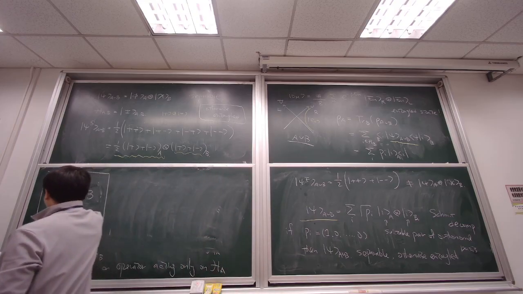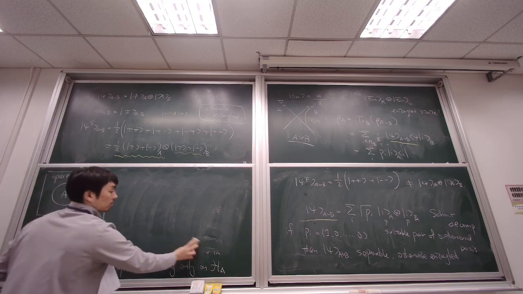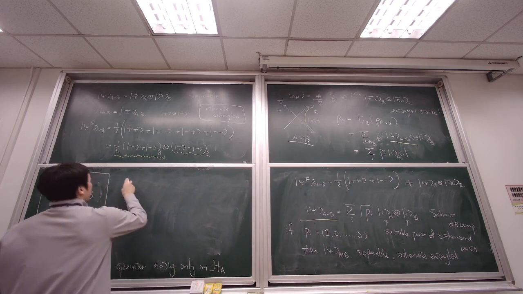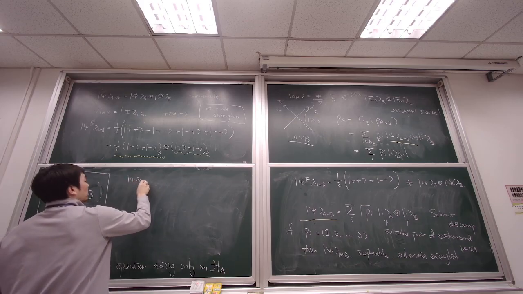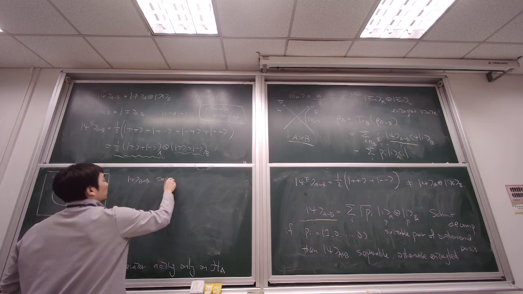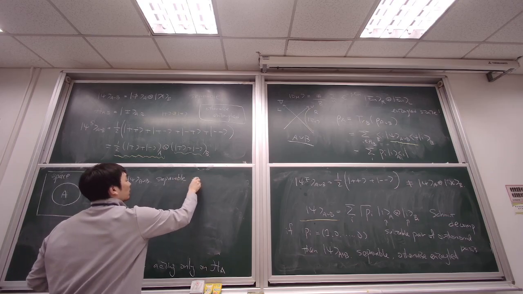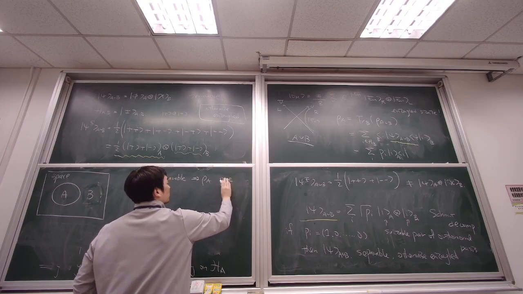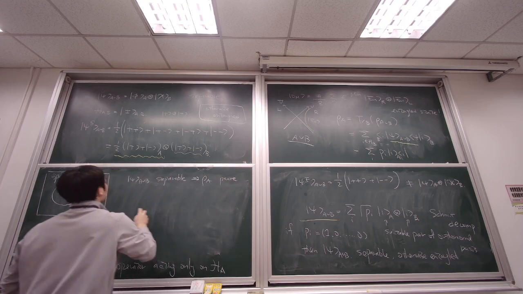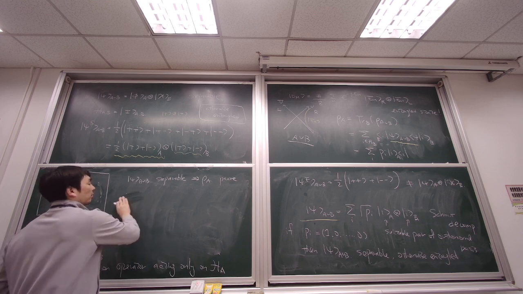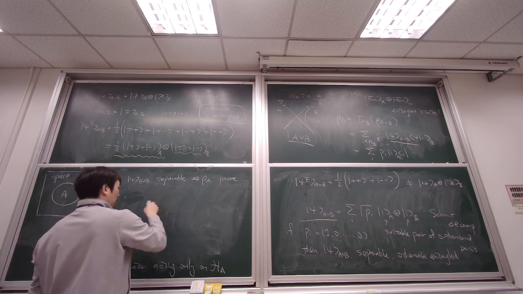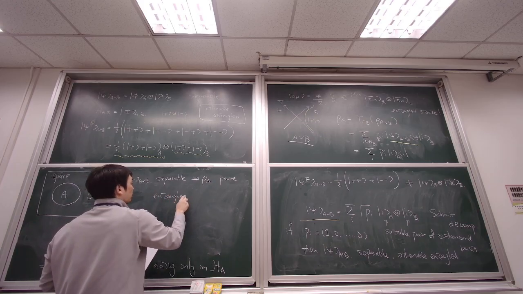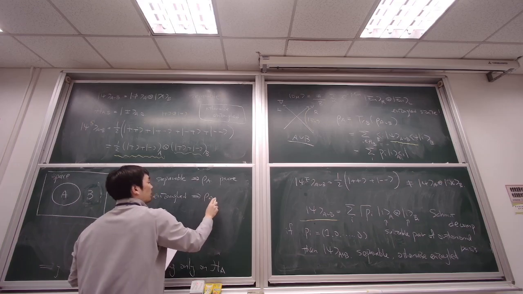And if psi in A tensor B is entangled, then rho A is a mixed state.